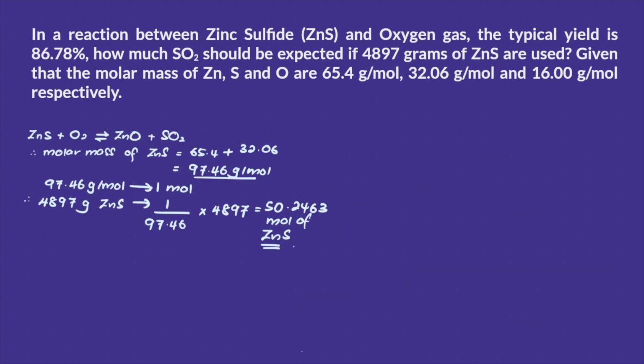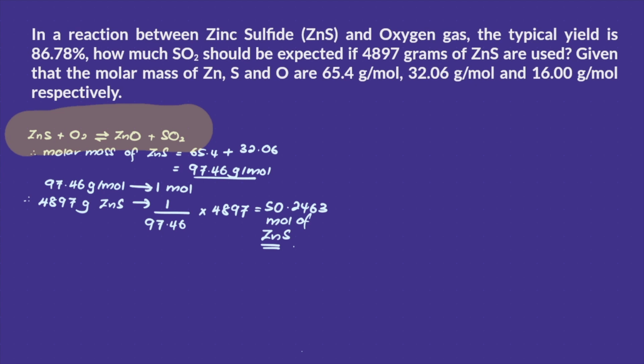Alright, so now let's look at the equation again. From the equation, we know that 1 mole of zinc sulfate will produce 1 mole of sulfur dioxide.